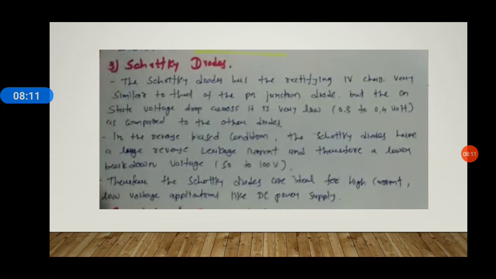If you remember the IV characteristics of a PN junction diode, at the breakdown voltage, the current used to shoot up to a very large value. So if we have a larger reverse current and therefore a low breakdown voltage, that is 50 to 100 volts.